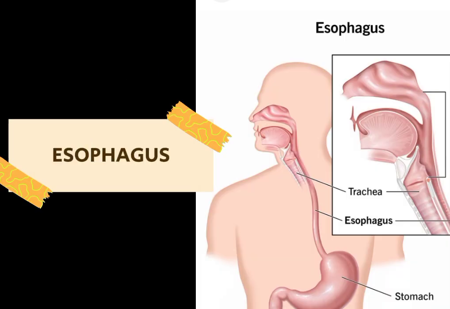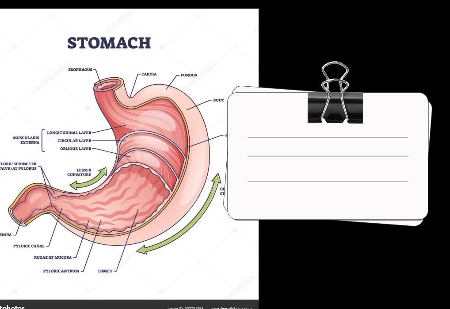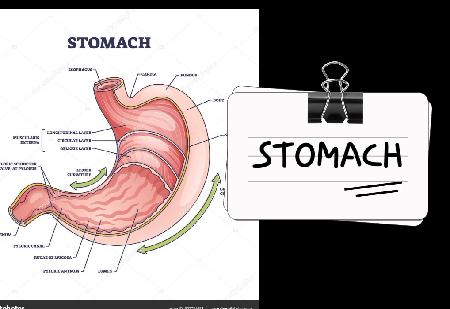Through the process of peristalsis, the esophagus, which is a muscular tube, transports food from the pharynx to our stomach. The stomach is a muscular organ that churns food and mixes it with gastric juices that contain acid and enzymes, which begins the breakdown of proteins and also creates the substance called chyme.